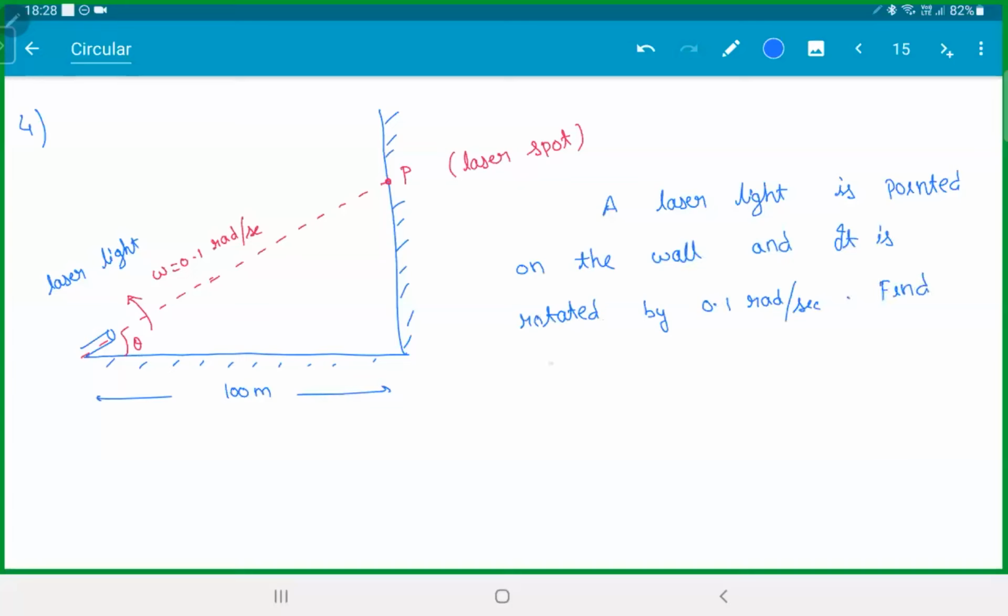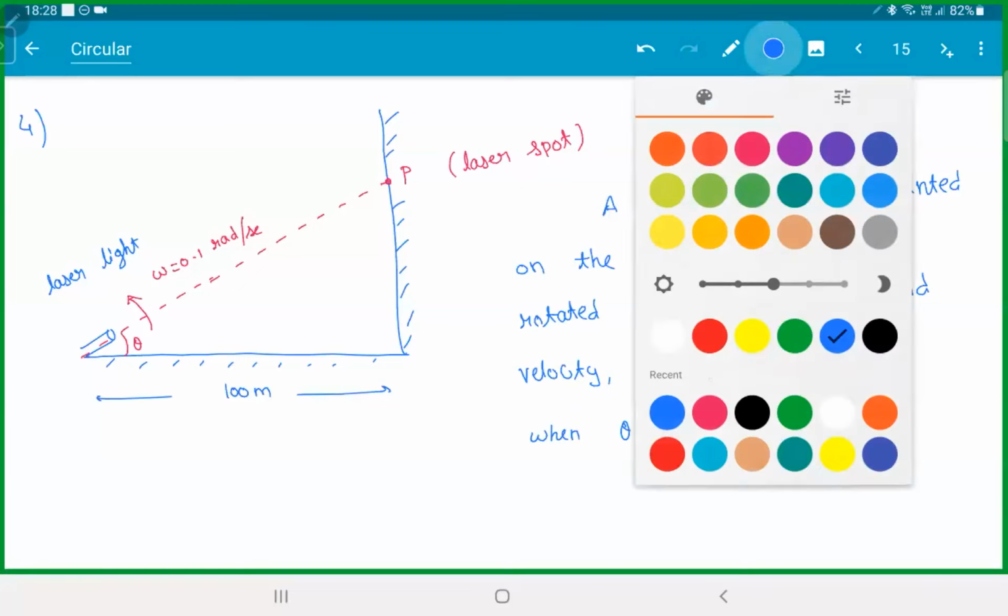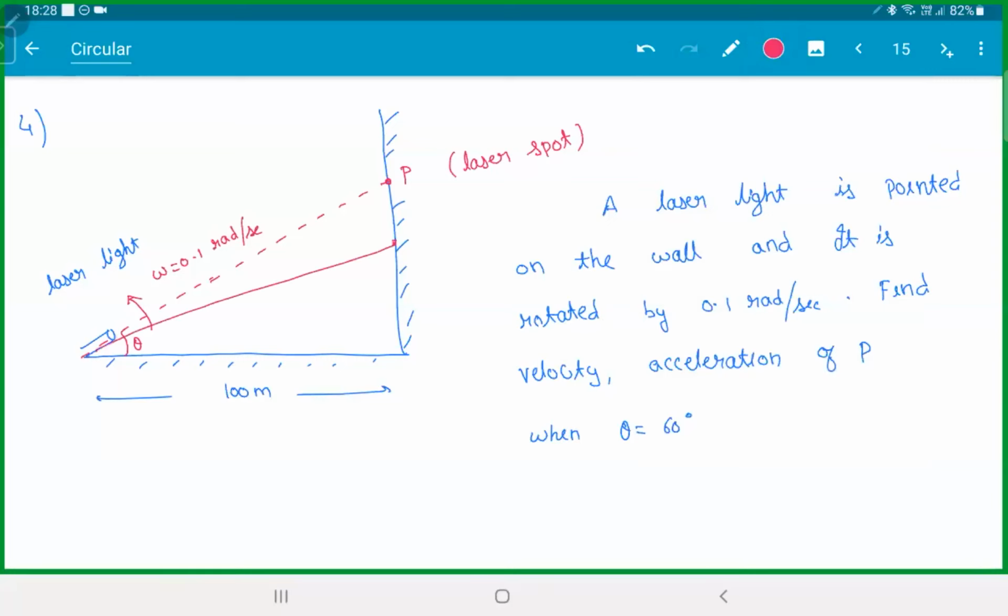Find the velocity and acceleration of point P when theta is equal to 60 degrees. Now, after some time, what will happen? The laser light would be like this, isn't it? P is here, then P is here, then P is here. So isn't the point P going in a straight line? Find the velocity and the acceleration of point P.